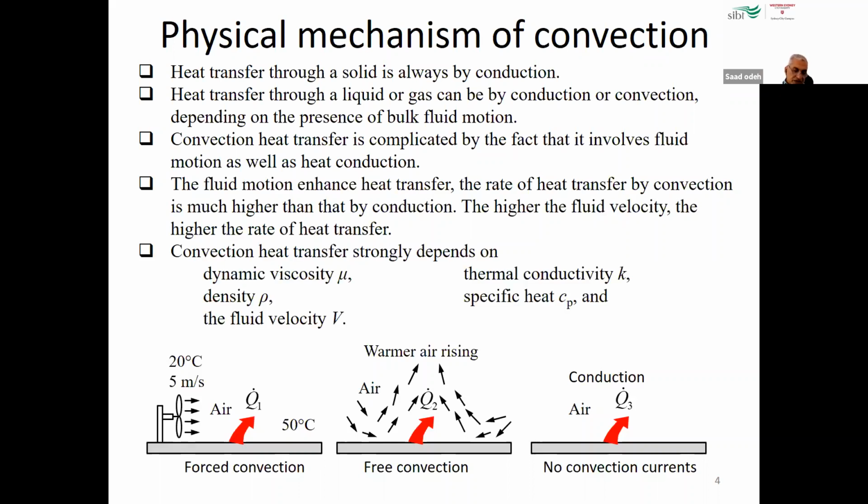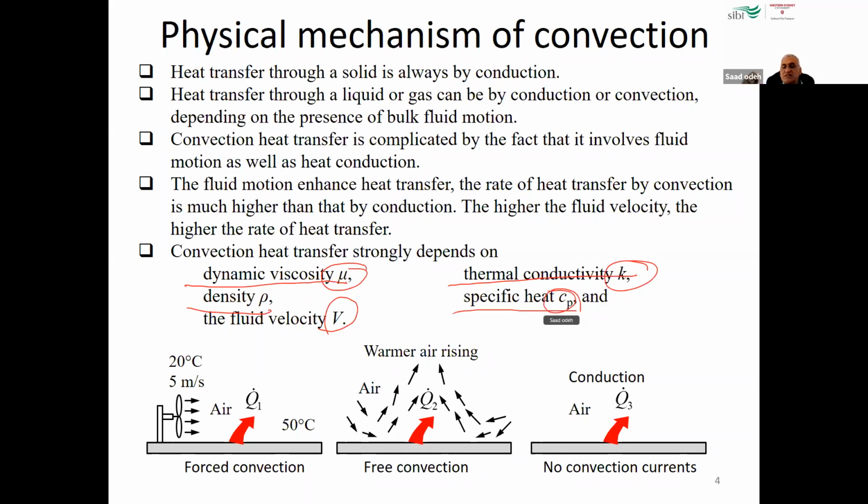But heat transfer by convection requires these properties. As you can see, dynamic viscosity, which is mu here, density, rho, fluid velocity, we need it also. We need thermal conductivity, and also we need specific heat.